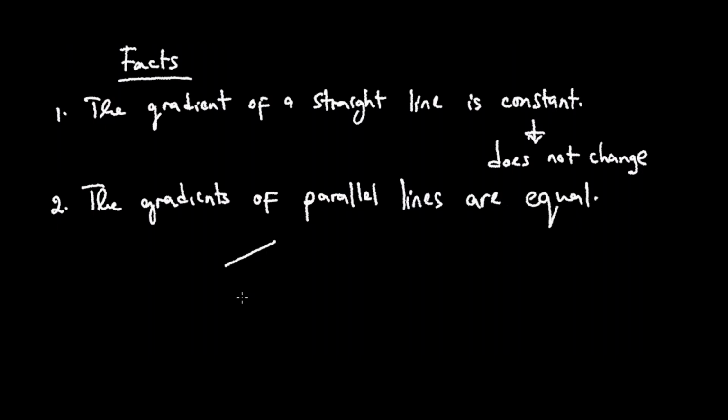Parallel lines are lines which never meet. You should know that this line and that line are not parallel, even though they are not physically meeting here, because if we extend this line and that line, they are eventually going to meet somewhere.